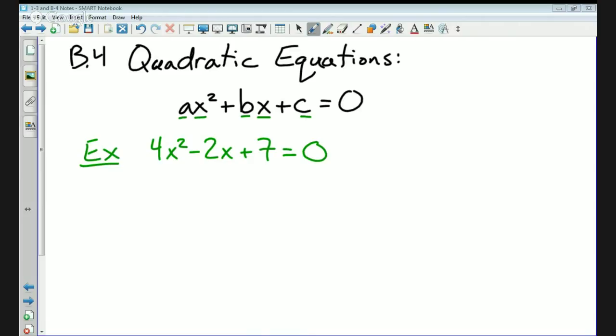One thing that we're going to use to our advantage, if we can, in order to solve these equations, is what's called the zero product property.